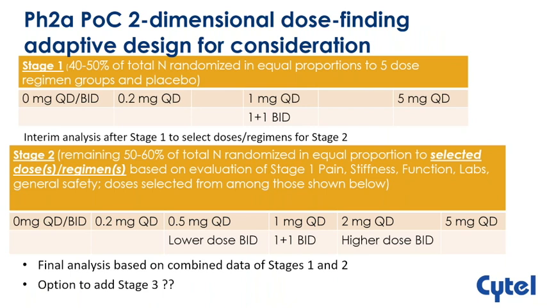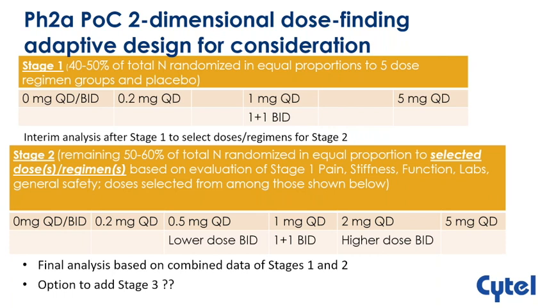Another example of an adaptive single interim analysis dose-finding design was used for a client that we worked with. I'll just present the layout of that to give you an idea of the type of options that exist.